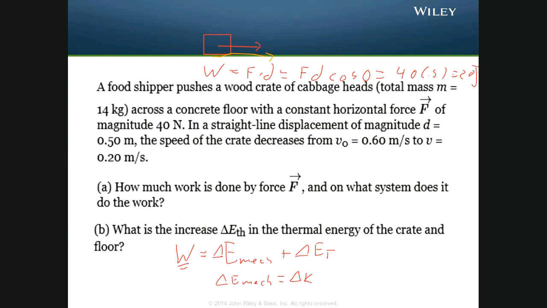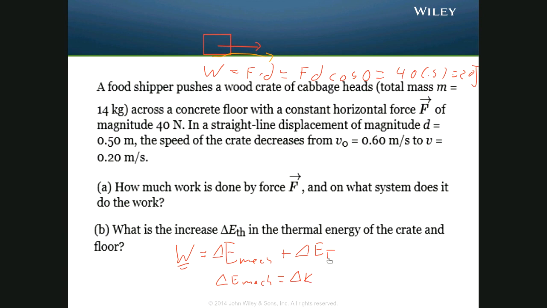This is only true for this problem, right? I've looked, there's no potential energy. I can't find any potential anywhere. Like gravity, it's not moving up or down, so that's not going to matter. There's no spring, and those are the only two potentials we know. So therefore, the potential energy is just always zero. But we will have a change in mechanical energy, which will be equal to our change in kinetic energy.